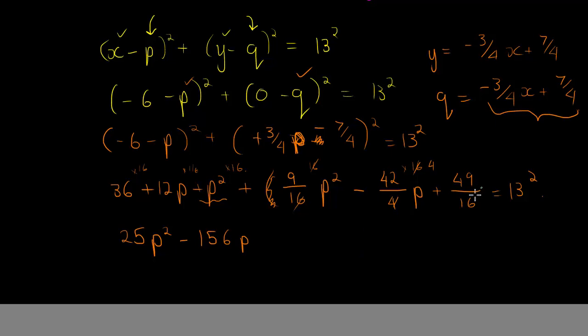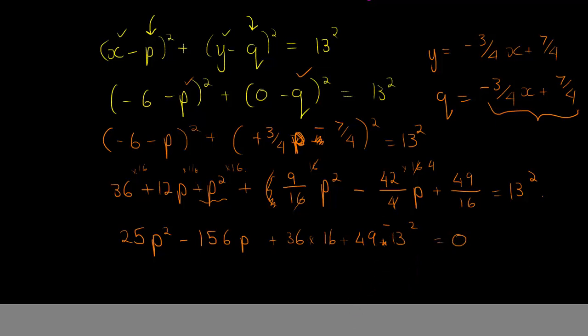And then finally, this one is 36 times 16 plus 49 minus 13 squared. Okay, so equal to 0.